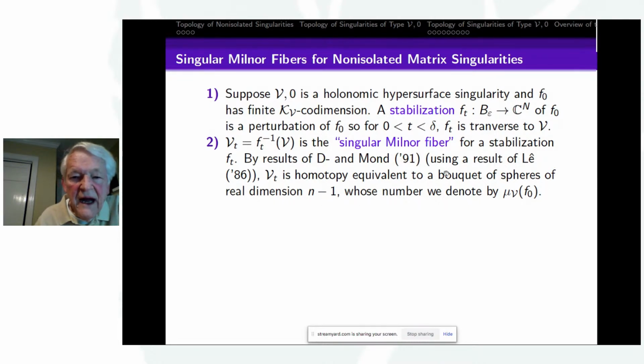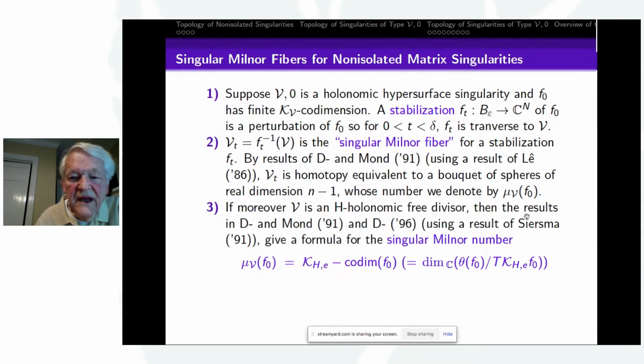So let me emphasize, this says that for any of the n by n matrix singularities, they're all hypersurfaces that I talk about. If you do this procedure, you're going to get something that's the analog of a Milnor fiber. It's homotopy equivalent to a bouquet of spheres. The tricky part is how many spheres do you get? And the nicest answer turns out to be for the case where V is one of these holonomic free divisors.